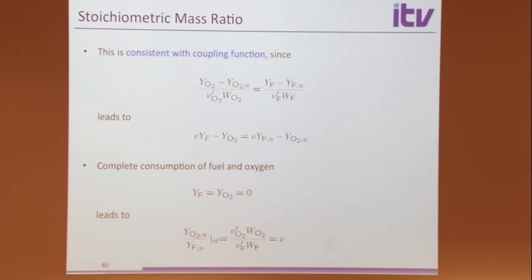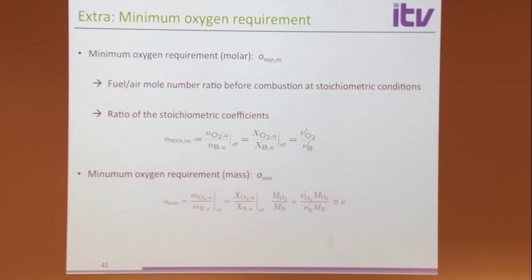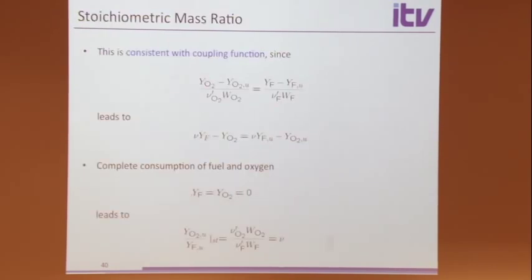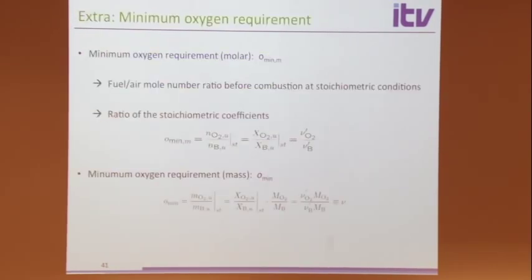So Y F and Y O2 are 0. And then you see that Y O2 over Y F should be nu again. So this could have been just observed from the coupling function, of course. Okay, so these are just a few more definitions.